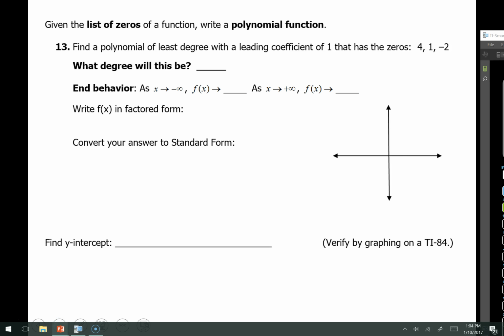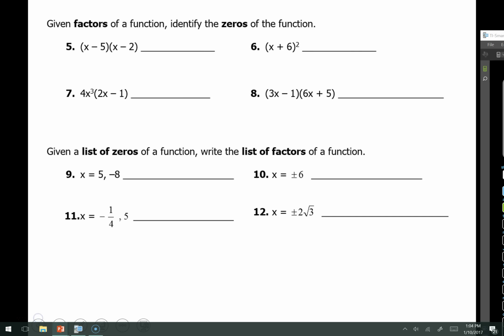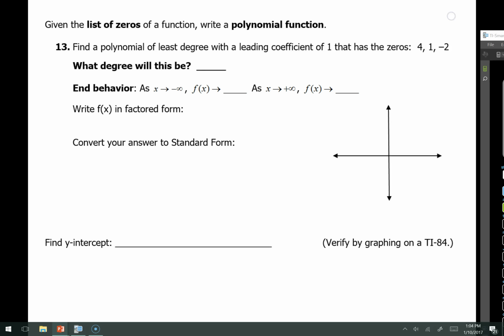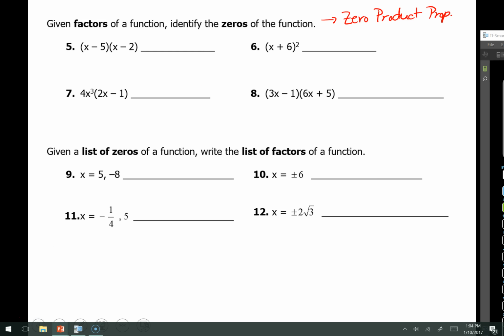If we are given factors of a function and we're asked to identify the zeros of the function, that is using the zero product property. We've done this a lot so far. So if we know that we have these values x minus 5 and the quantity x minus 2 that are factors, that means this can be written as an equation that's equal to 0, and we can split them up.